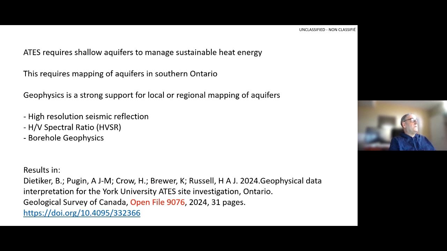So we have used high-resolution seismic reflection, H/V spectral ratio that was described by Barbara before, and borehole geophysics run by Heather Crow. You can find the detail of that survey and all the processing steps in open file 9076.